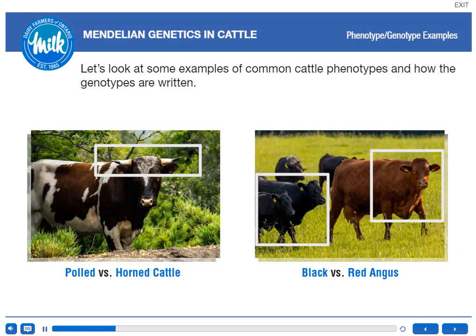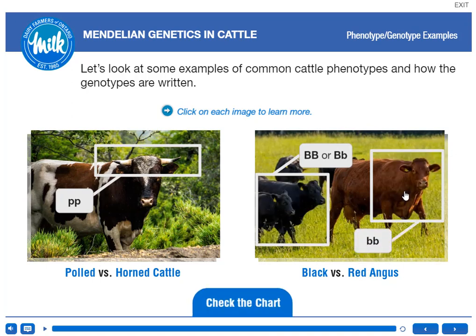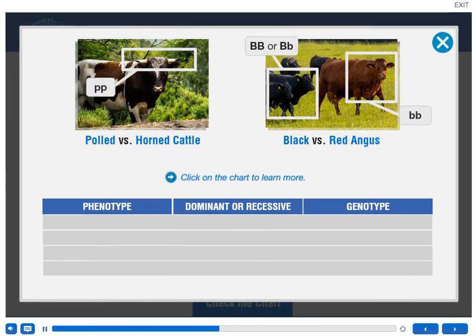Let's look at some examples of common cattle phenotypes and how the genotypes are written. Click on the image to learn more. Now click on the chart to learn more.